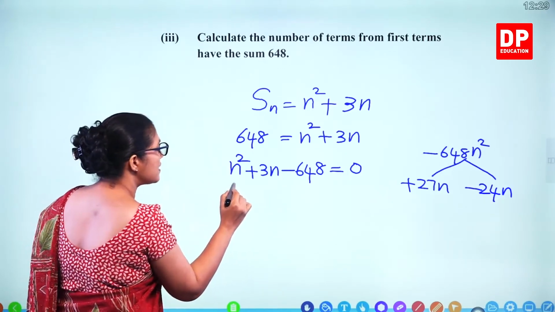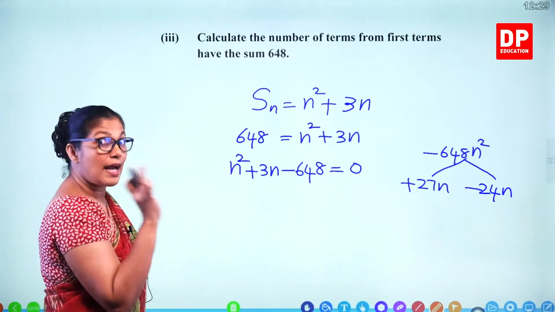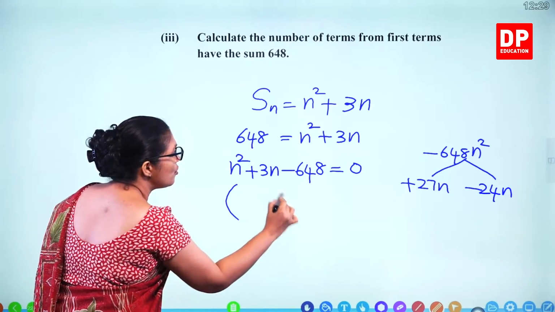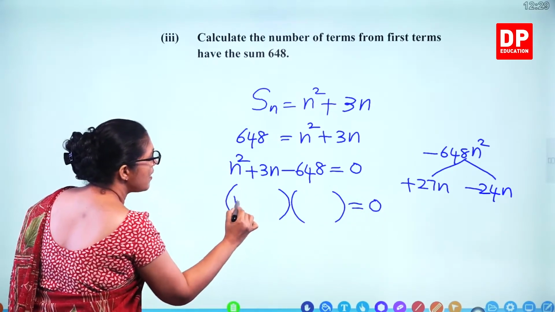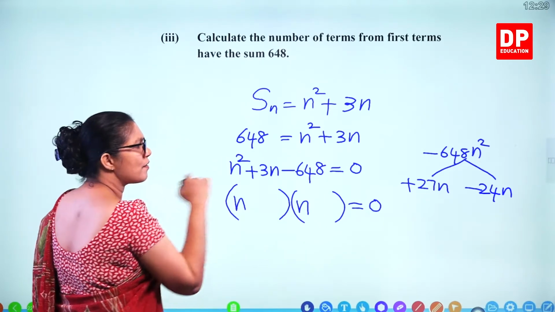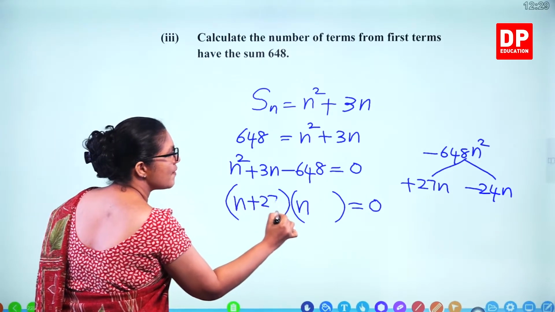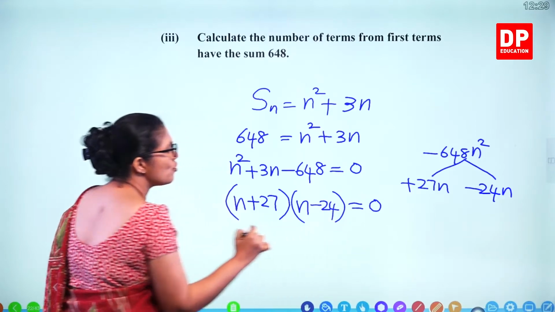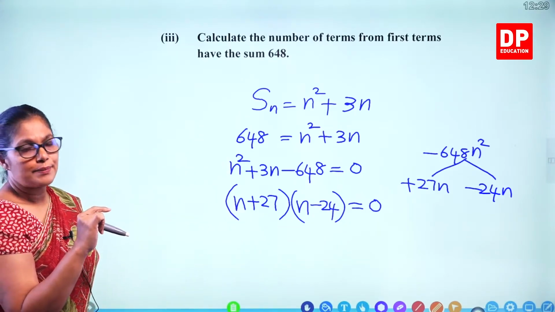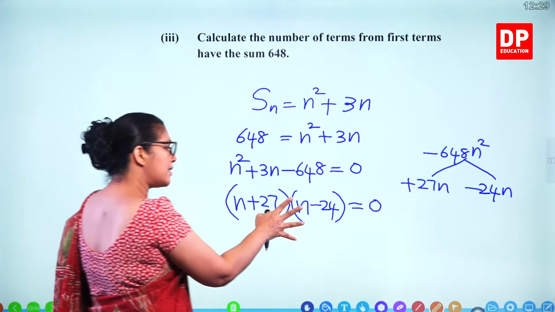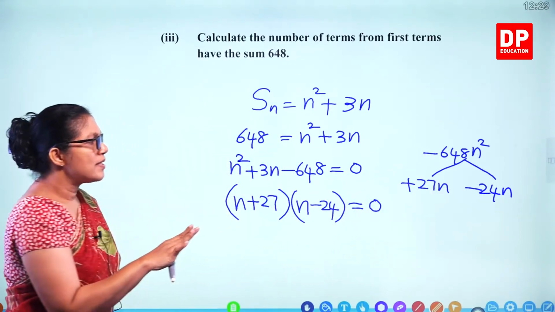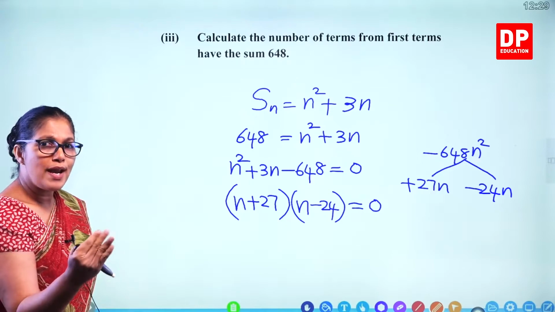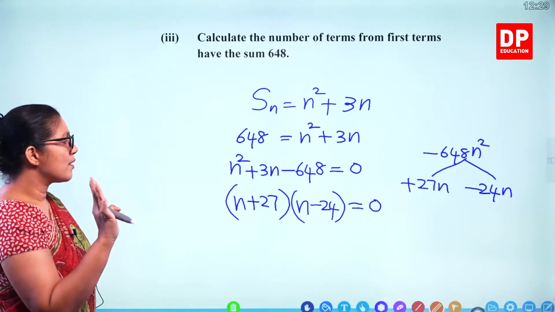So split the middle term. I have shown you an easy way to write it down. Can you remember? N squared is n and n. The correct factors are plus 27 and minus 24. If you can't do it this way, you have to split the middle term into plus 27n and minus 24n, and then you can do the calculation.